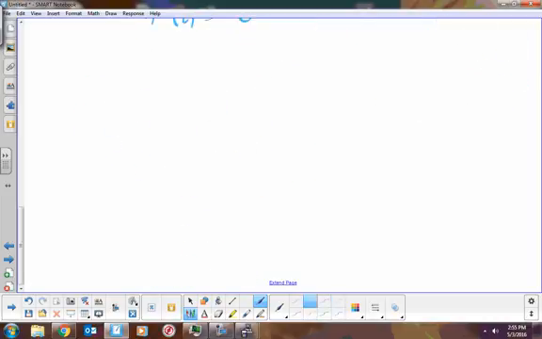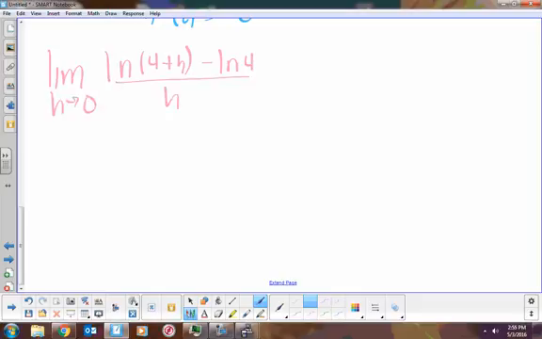All right. So this one says limit of ln of 4 plus h minus ln 4 all over h as h approaches 0. That's saying take the derivative of some function at some value of x. What's the function? The function is ln x. And what are we taking the derivative at?